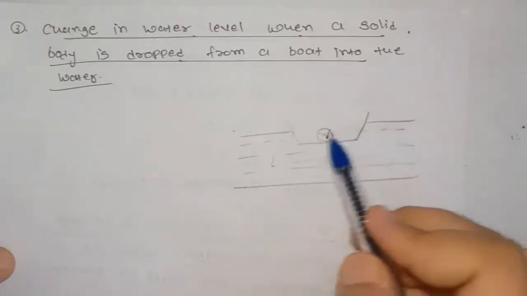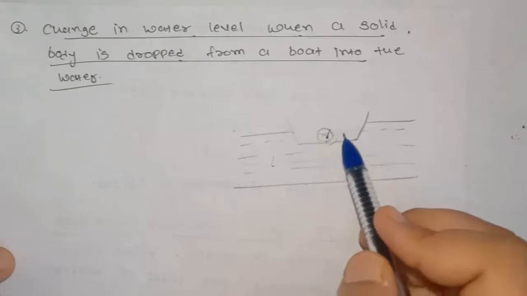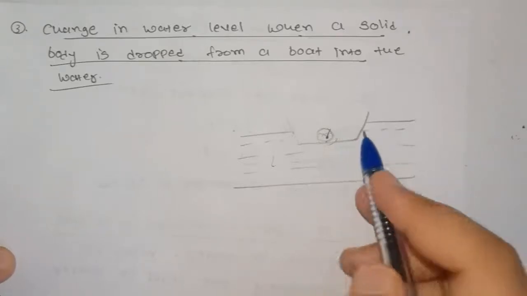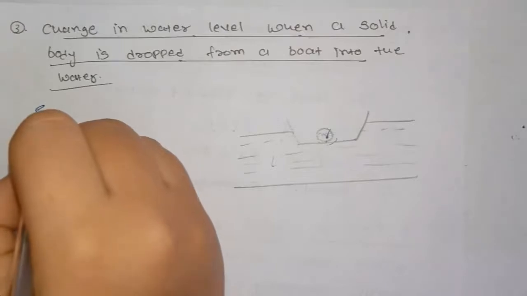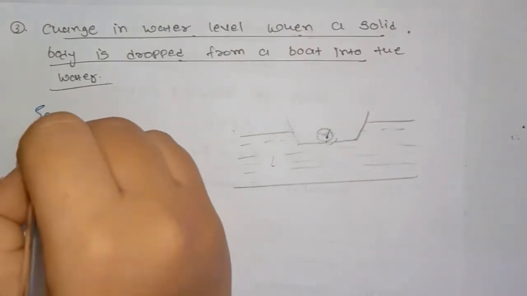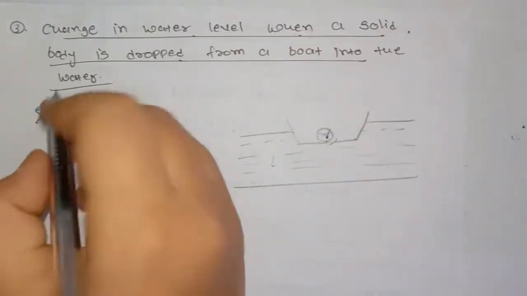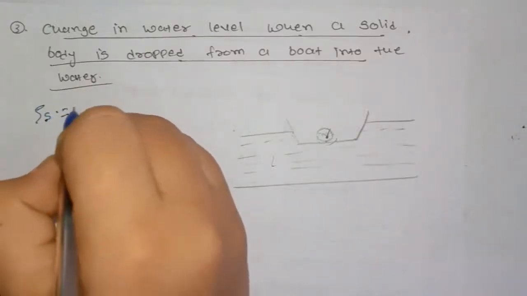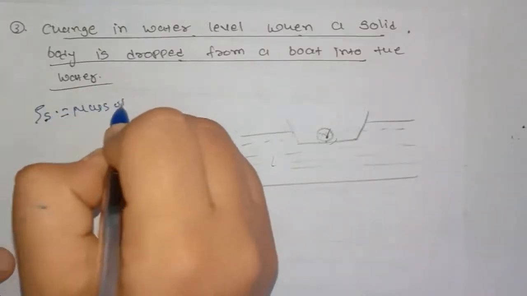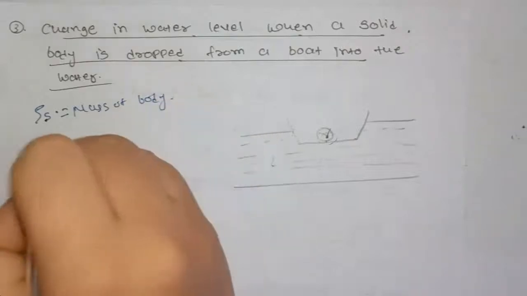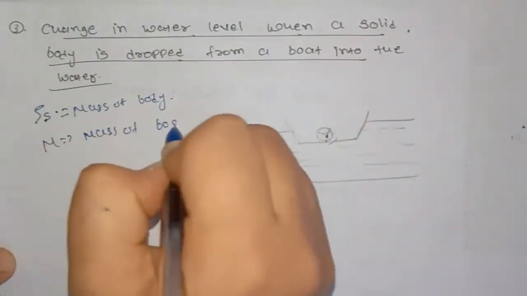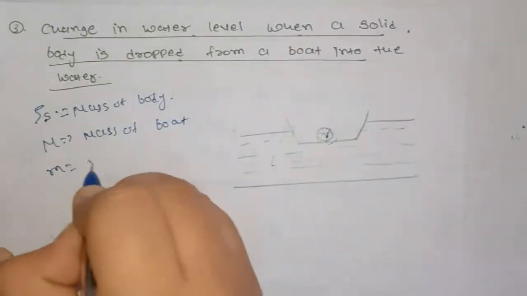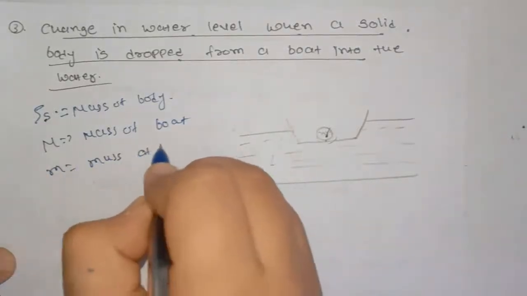It completely depends on the density of this body. Let rho s be the density of the body, capital M is the mass of boat, and small m is the mass of body or object.